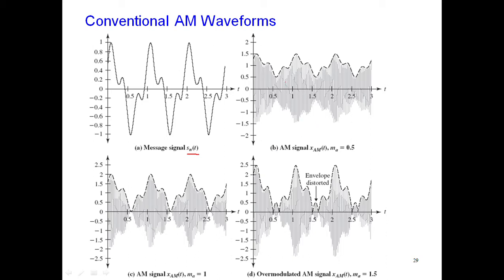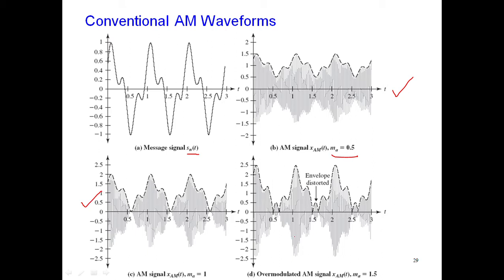Then if you modulate sn(t) with a carrier using ma equal to 0.5, you will get this kind of result. But if you use ma equal to 1, you will get this kind of modulated signal, AM.